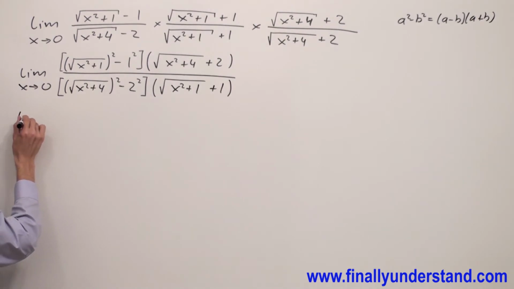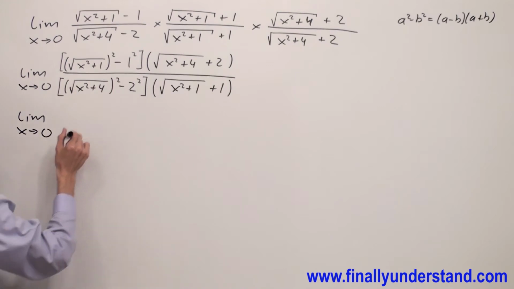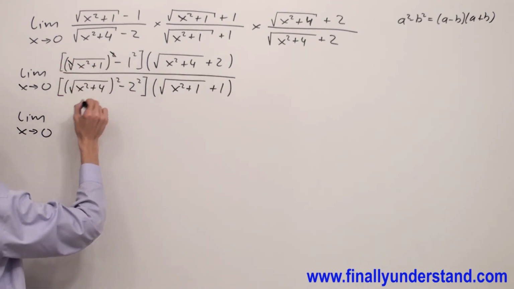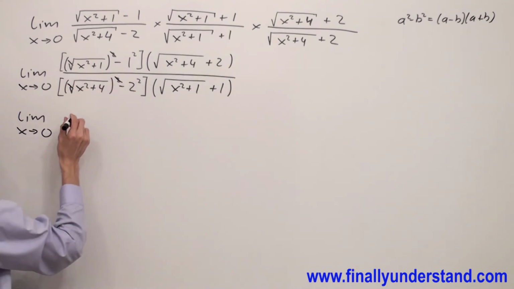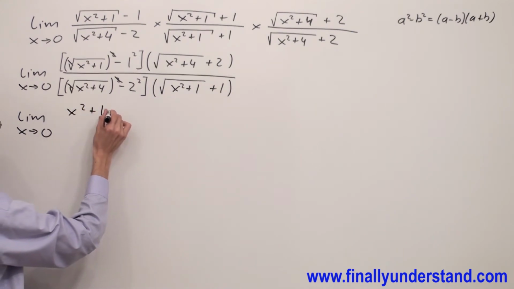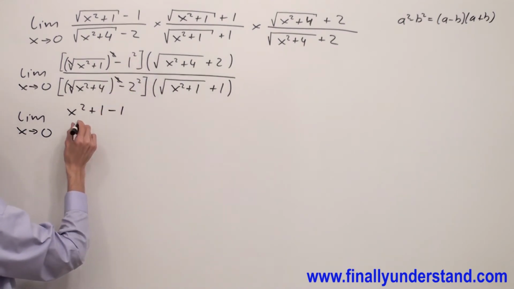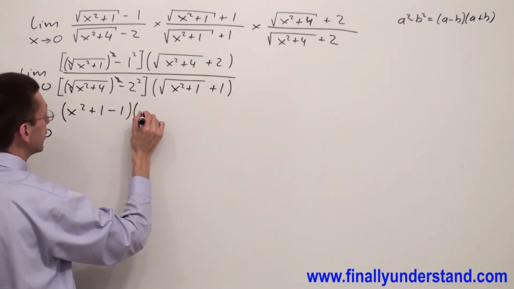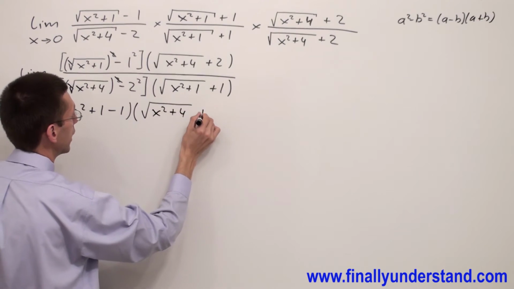So I have limit x is approaching 0. This square is going to eliminate the radical and this square is going to eliminate the radical, and I'm going to have x squared plus 1 minus 1, because 1 squared is 1, times the square root of x squared plus 4 plus 2.